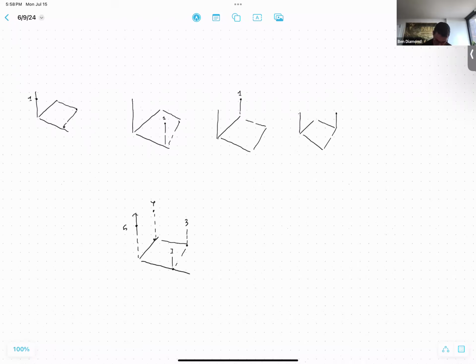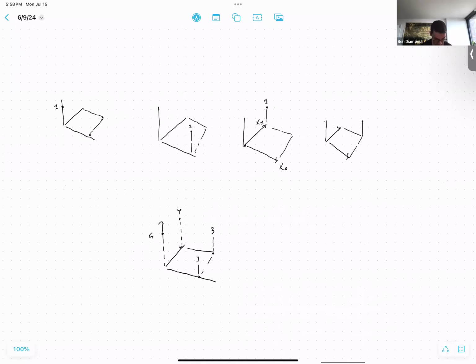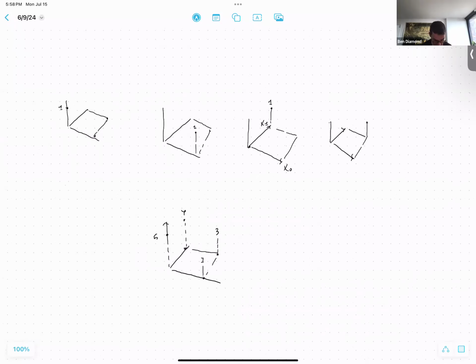And finally, this guy. So these are my axes. This is the origin. This is the x0 axis. This is the x1 axis. So I have these 4 things. These are what the Lagrange basis polynomials look like. And really, these are not just functions on the cube, but really multilinear. So they extrapolate.